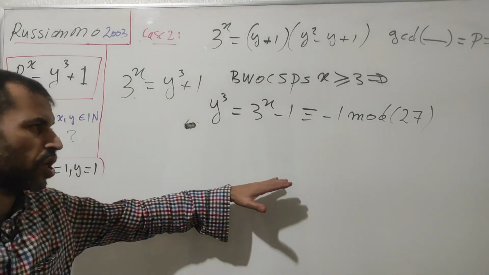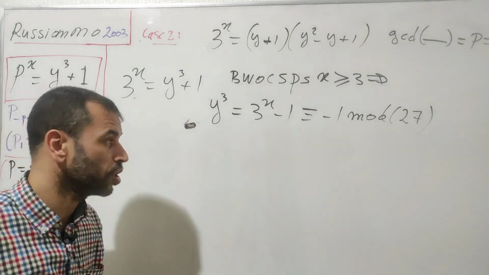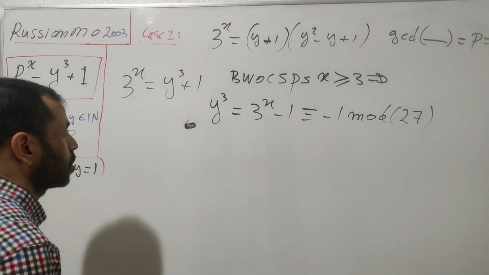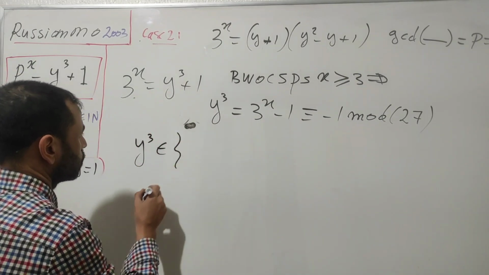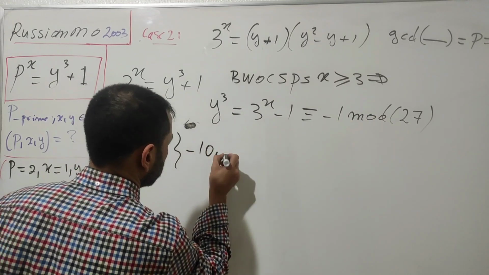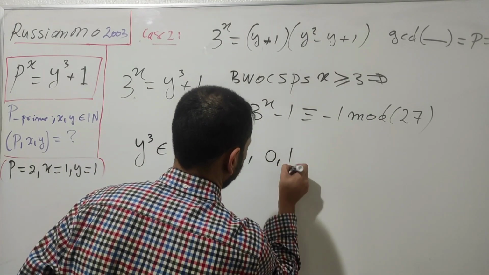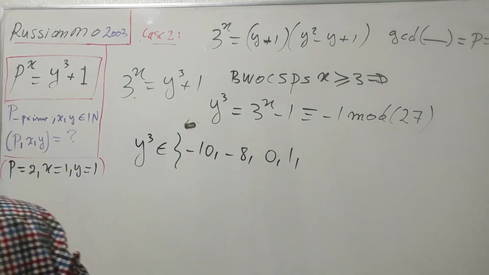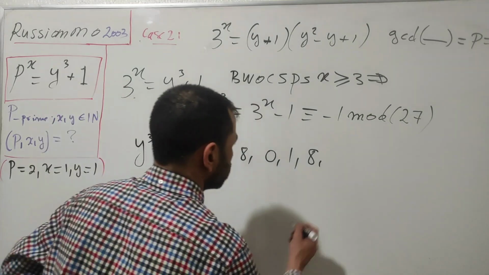I'm not going to draw the chart, do it yourself because it will have a lot of calculation here. So I will have the following remainders. You get y cubed belongs to this set: minus 10, minus 8, and 0, I have 1, and 8, and 10.